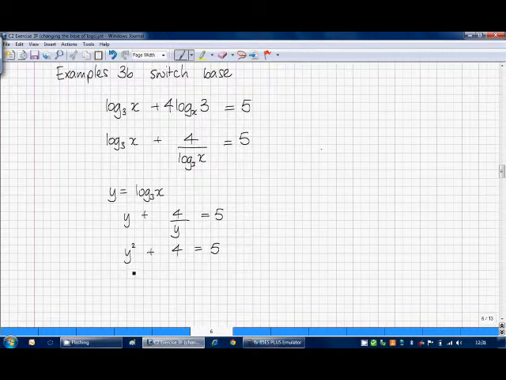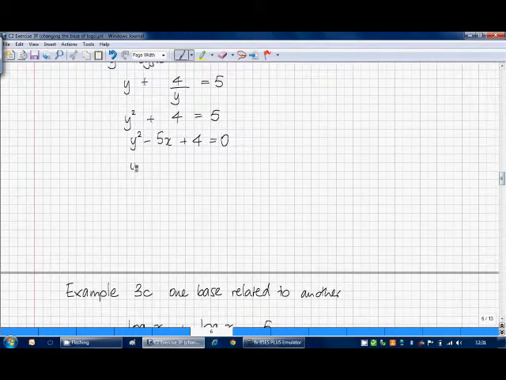We can solve that quadratic by rearranging it into its standard order and factoring it. So we've got y minus 4 and y minus 1 equal to 0, meaning that y is either 4 or 1.